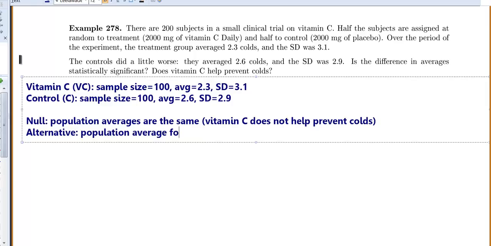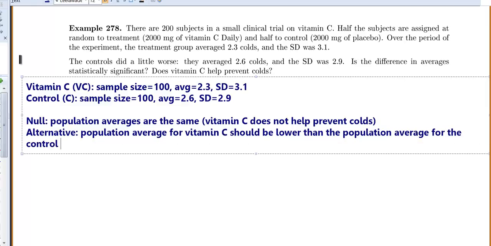So the population average for vitamin C should be lower than the population average for the control group. So in other words, vitamin C helps prevent colds.